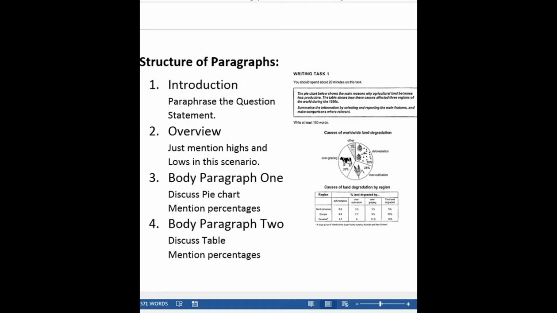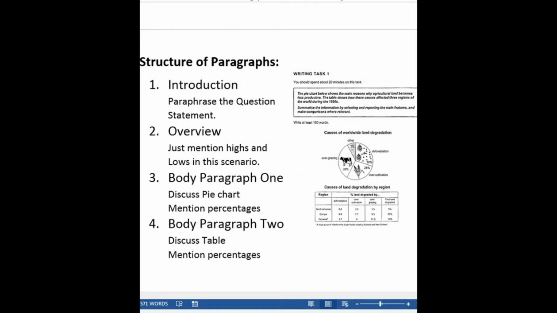Now let's discuss the structure of paragraphs we can prepare in this report. We are going to write this report using 4 paragraphs, and these are very simple. We have been through these paragraphs already. The first one is going to be the introduction paragraph, the second is going to be the overview, then come body paragraph 1 and body paragraph 2.